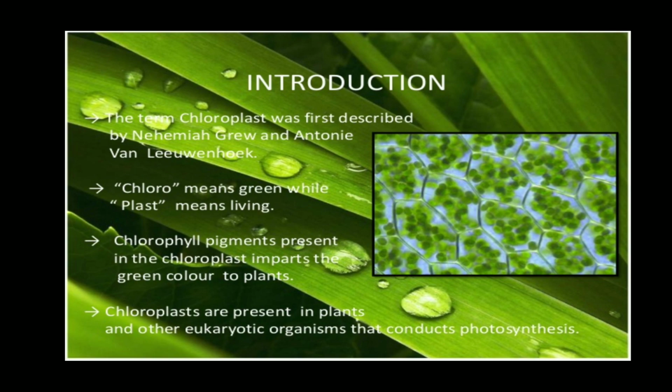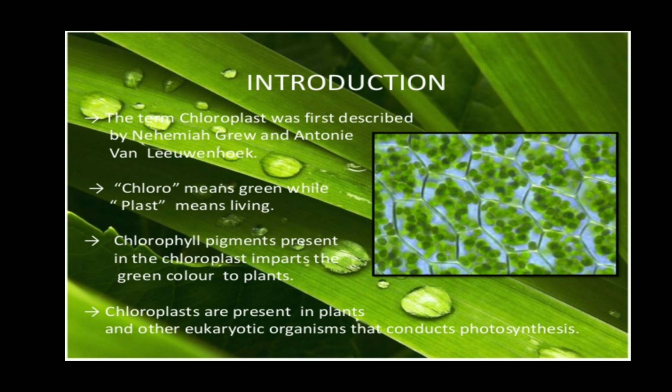So let's start with the chloroplast. The term chloroplast was first described by the scientists Nemia Grave and Antony van Leeuwenhoek, right? Chloro means green, while plast means living. So something which is green in color and is a living thing, that is the chloroplast.